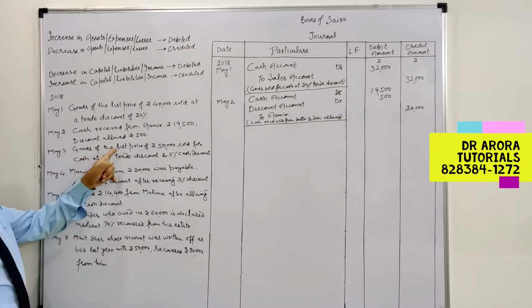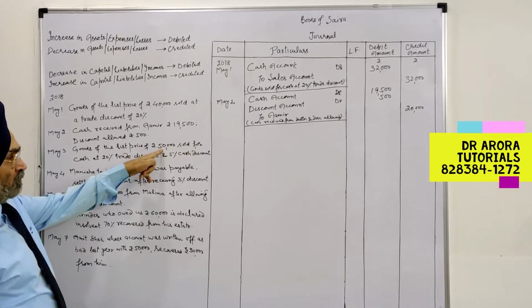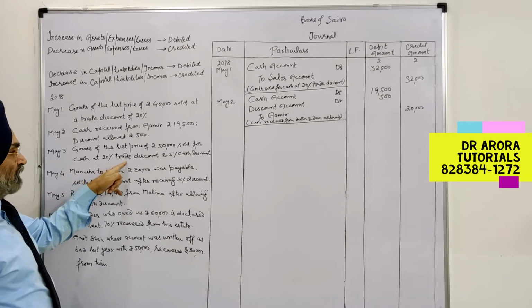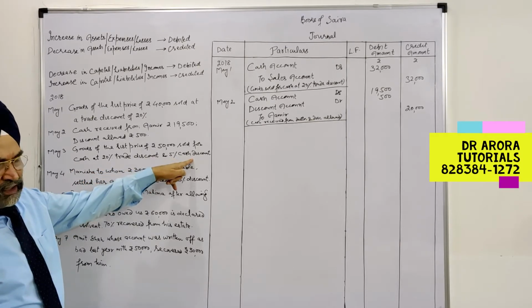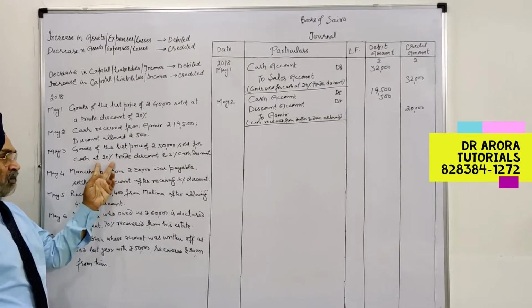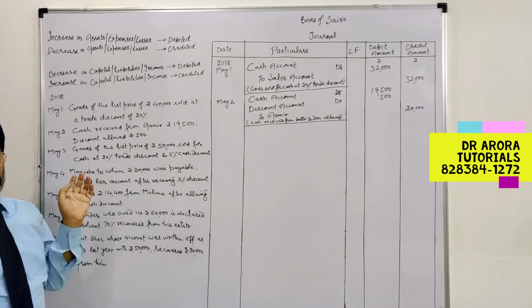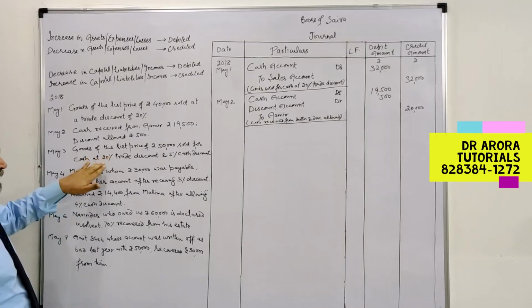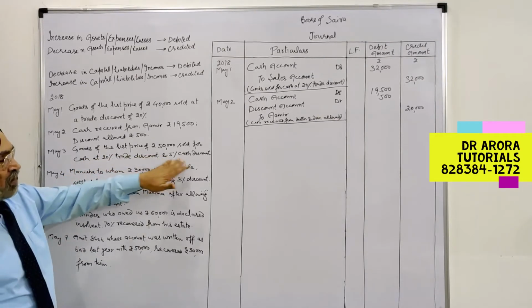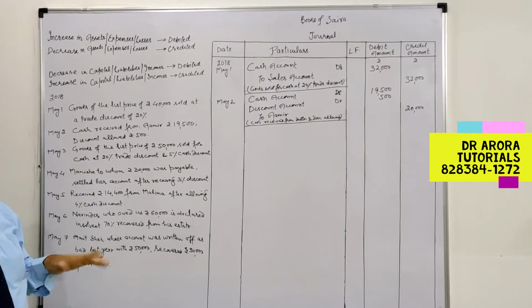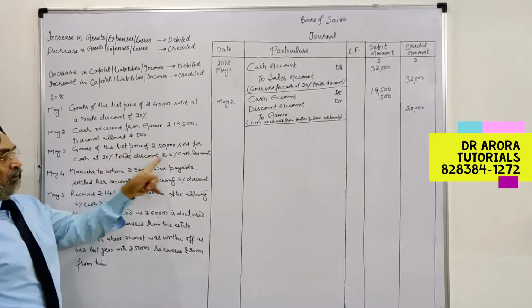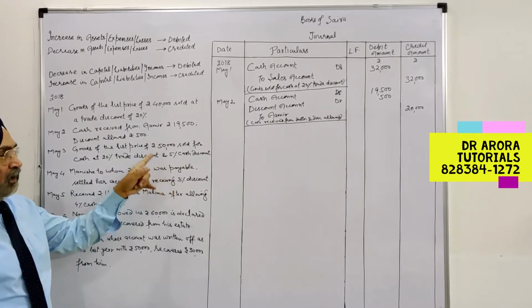Next entry. Goods of the list price of rupees 50,000 sold for cash at 20% trade discount and 5% cash discount. Both the discounts are allowed. Trade discount is given and cash discount is given. First we will deduct trade discount, and with the net amount the cash discount will be allowed on the net amount. Trade discount will not be recorded anywhere, that will be only deducted, but cash discount will be recorded.